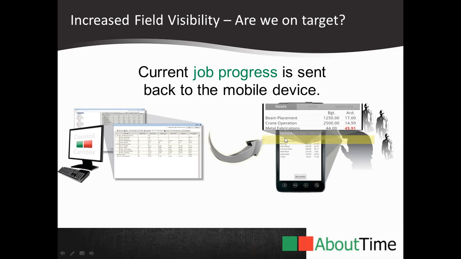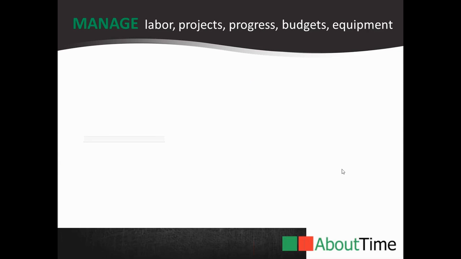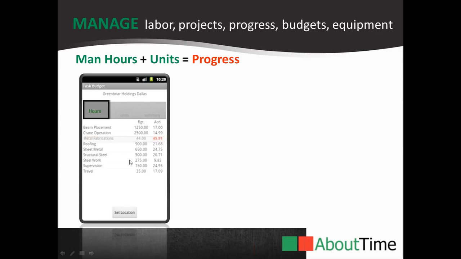You're going to see out there on the mobile devices the different cost codes or tasks, how many hours you have budgeted, how many hours accrued, and then this information shows up on your mobile devices so that your managers will be able to see this and view every day in real time what is happening out there at the job site, allowing you to make proper decisions to make sure that you stay within budget.